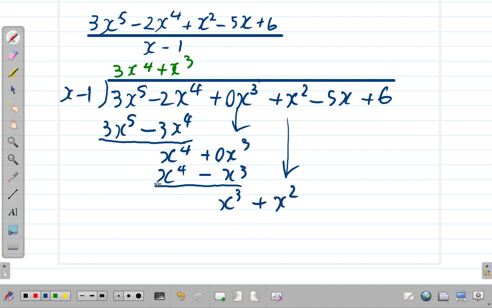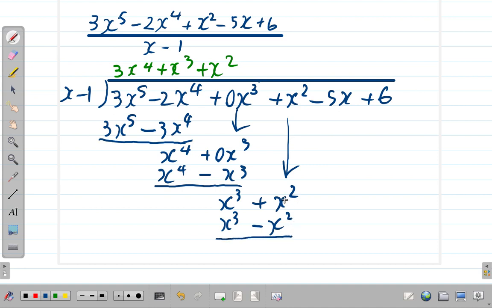See, x into x cubed will go x squared. x squared times x minus 1 is going to be x squared times x is x cubed. x squared times negative 1 is going to be negative x squared.